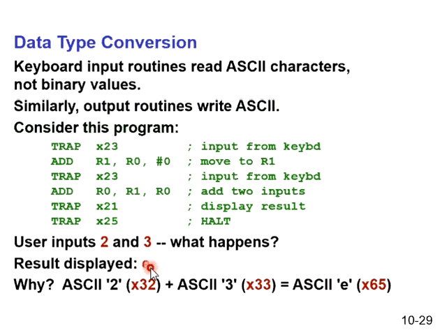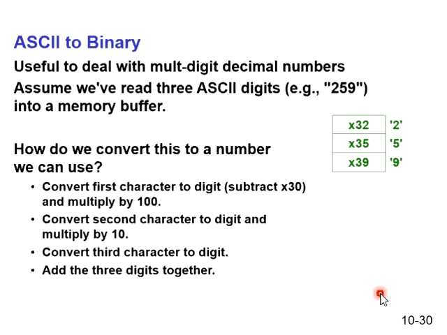In fact, no, because over here when you trap 33 and we enter 2, that means the digit 2 has ASCII code 32, and 3 has 33, and then we get the sum. That means we have 65, not 5. Okay, so it's wrong. So that's the reason why you have a problem for converting the data type.